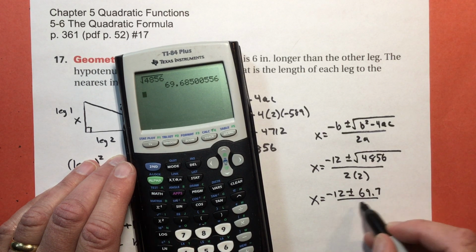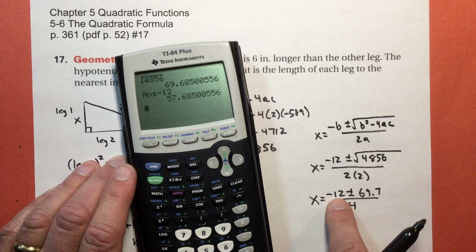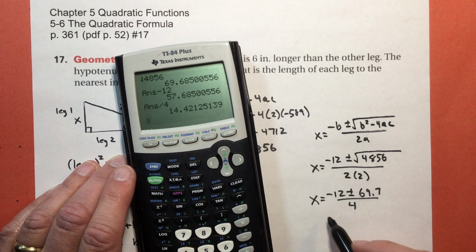I'll leave 69.7 on the calculator and subtract 12. That's adding negative 12. Then I'm going to divide that by 4. So one of my answers could be x equals 14.4 inches.